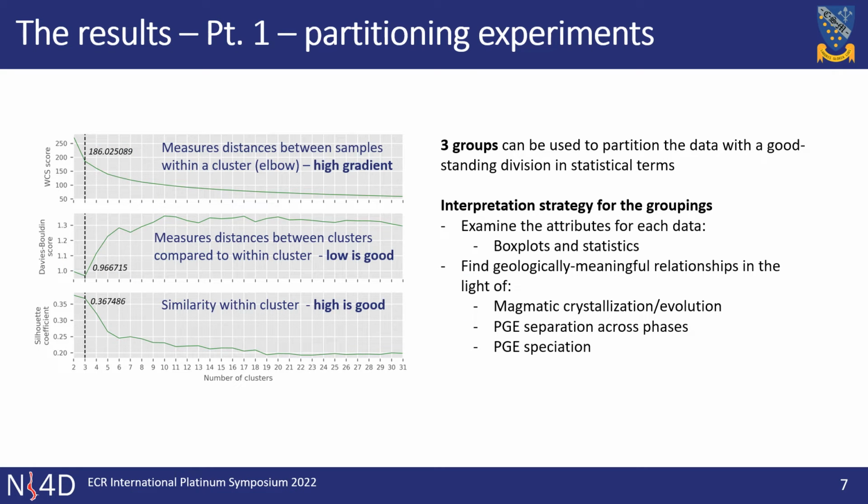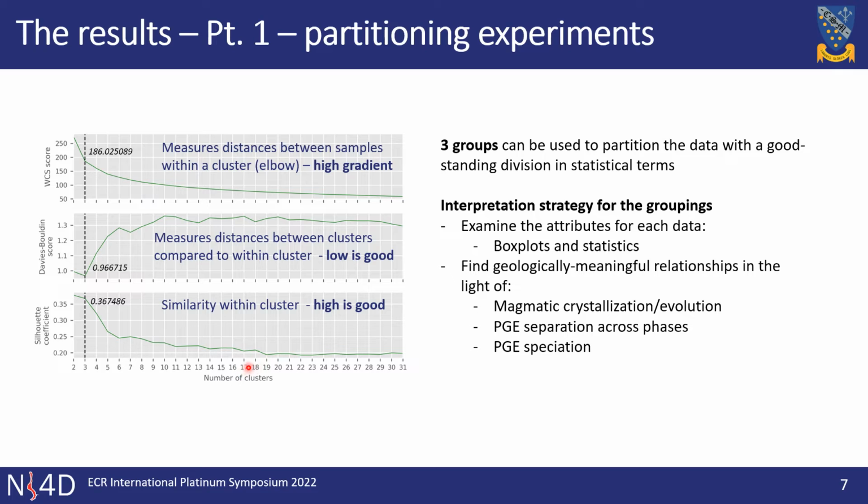So using this rationale, it was determined that a number of 3 clusters is enough to partition the data set. Following the rationale as I explained before, using these 3 metrics, the within cluster score, the Davies-Bouldin score, and the silhouette coefficient.